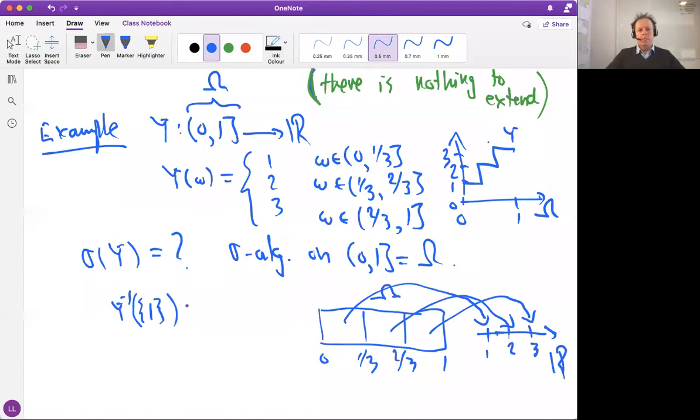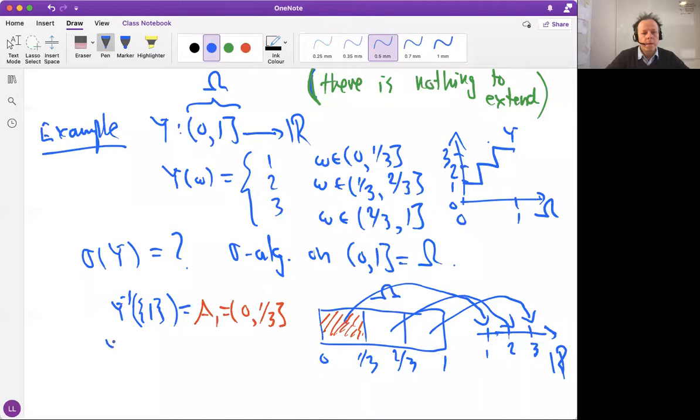So the pre-image of 1 is then the set of numbers between 0 and 1/3, including 1/3. Let's call it A1. It's the numbers bigger than 0, less than or equal to 1/3.